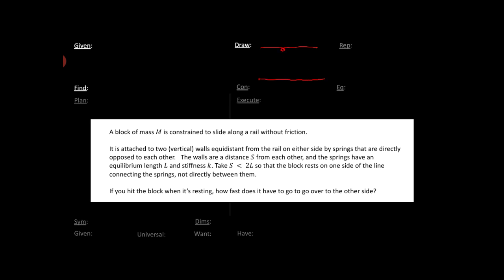So I've got my fasteners for the springs there, and I've got my block there, and then I have my springs, and I'm going to want to hit it with a velocity v. So this is going to be what I just called x plus. This equilibrium spot here is going to be called x0. We already know what it is. It's going to be 0, but we're going to actually prove that coming up.